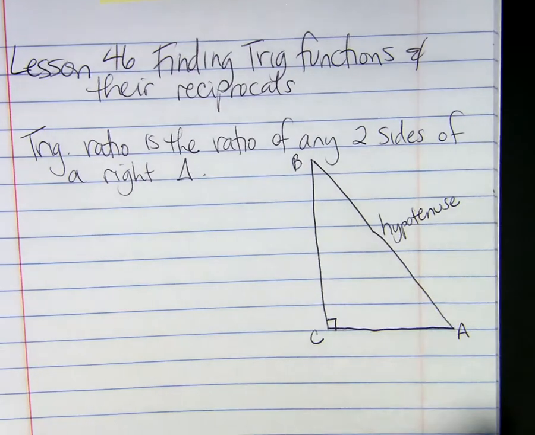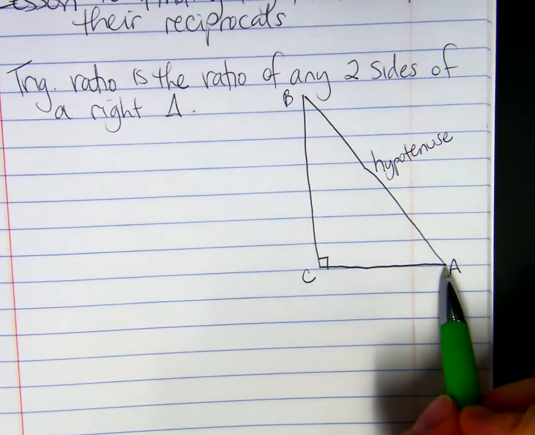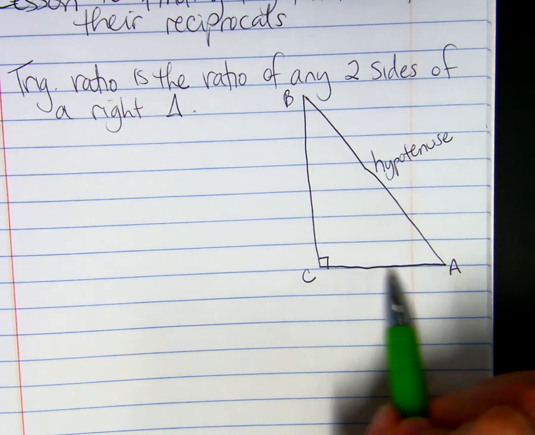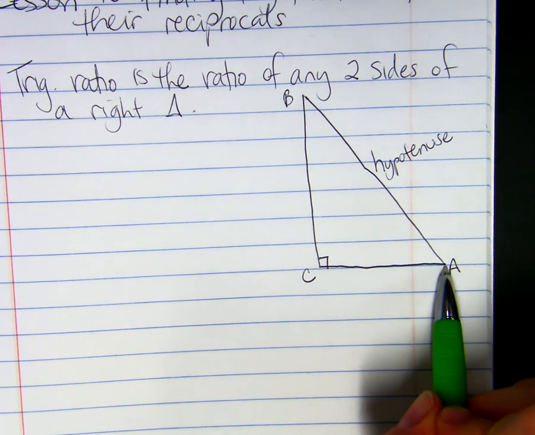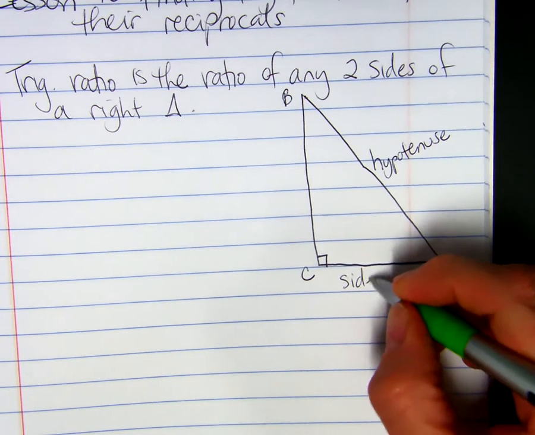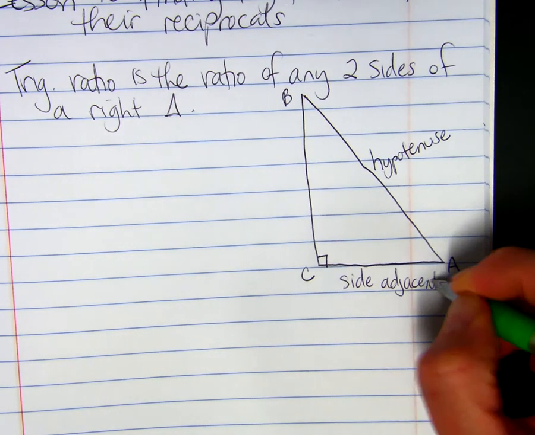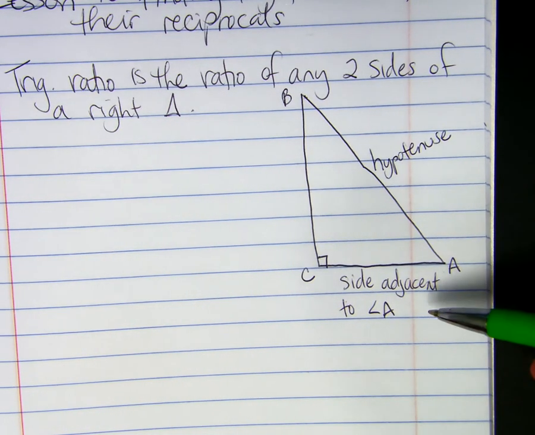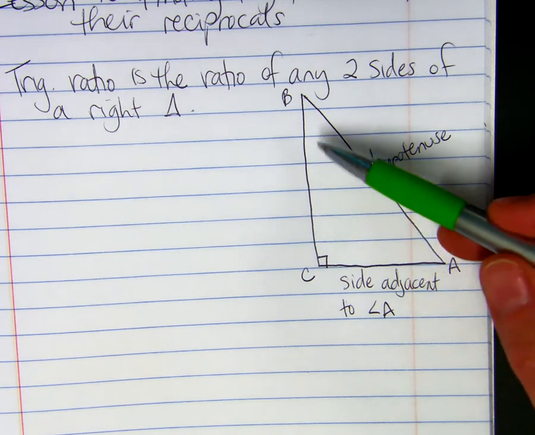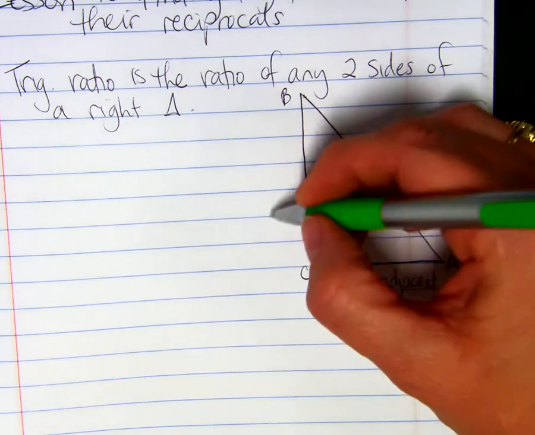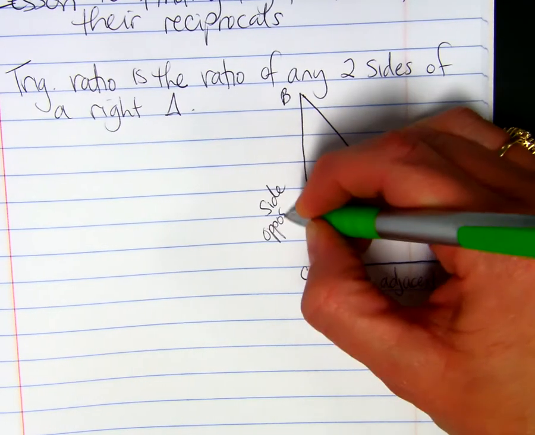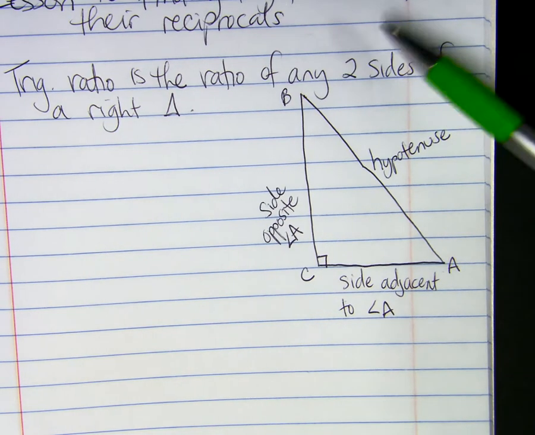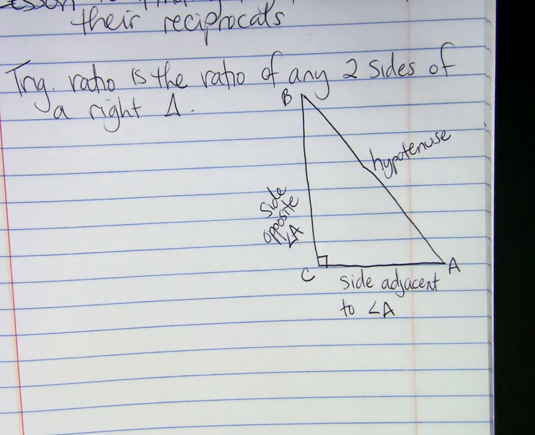Depending on what angle you are looking at, let's say angle A, this leg that is attached to angle A is called the side adjacent to angle A. The other leg that is across from A is called the side opposite angle A. If you're looking at angle B, the adjacent and the opposite will be different legs.